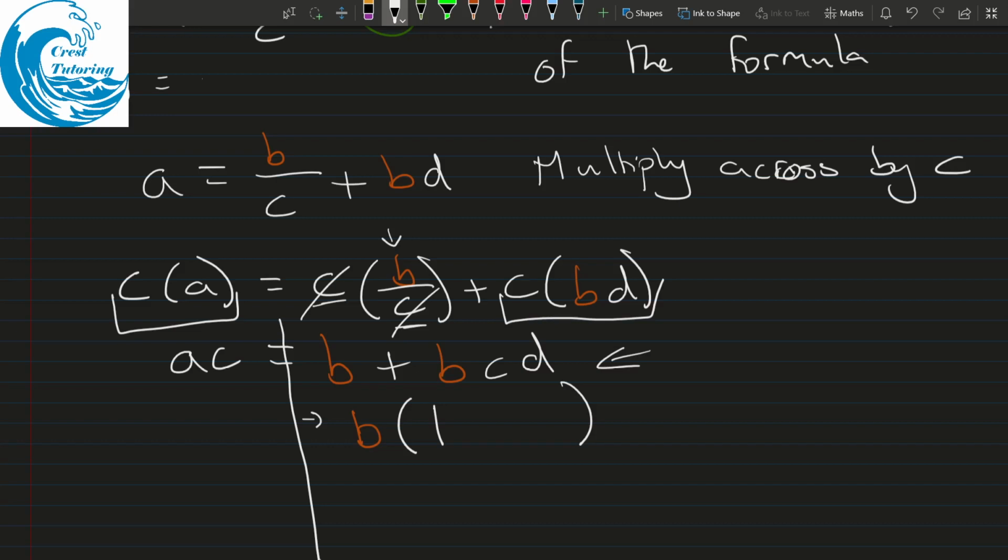And then what do I need to multiply b by to get bcd? The answer to that is plus cd. So if I multiplied out this line, I would get 1b plus bcd, which is the same as the line up there, which means I'm right.